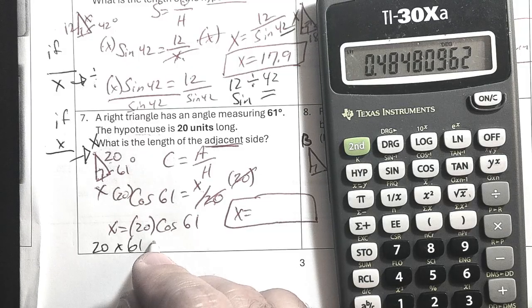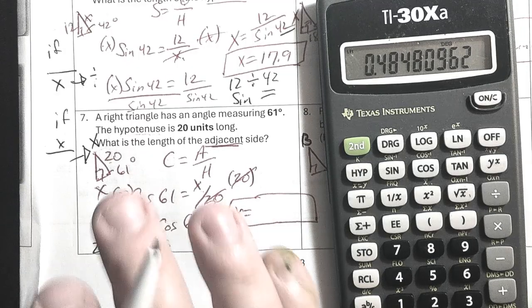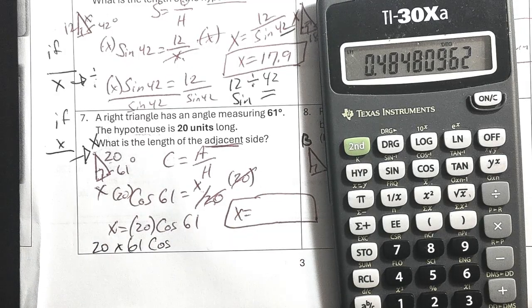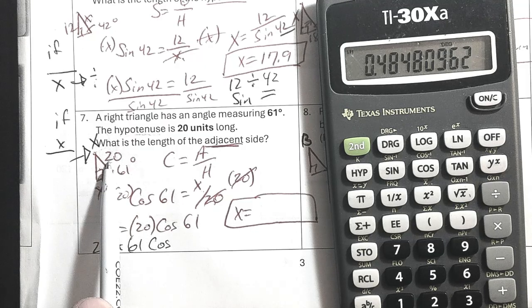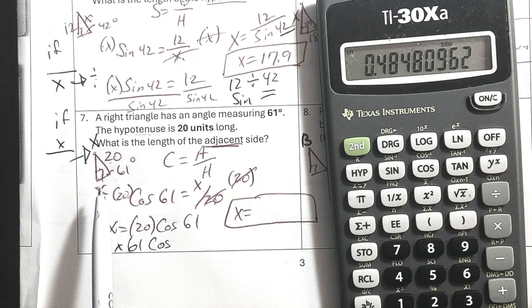And shout out to whoever, and really, if you hear this on the video and you did tell me this, I'll know who you are. I remember faces, just I don't know names. But somebody this week during boot camp said, well, this is 61 degrees. If the hypotenuse is 20, then this should be 10.